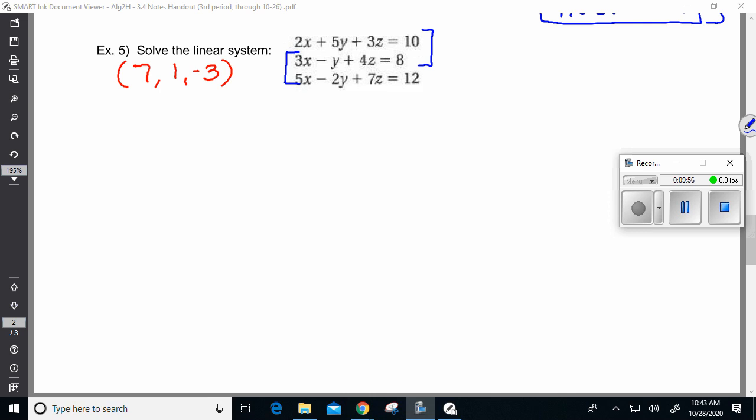So let's take care of that. 2x plus 5y plus 3z equals 10. 3x minus y plus 4z is 8. So I'm assuming we're going to have to multiply the second equation by 5.